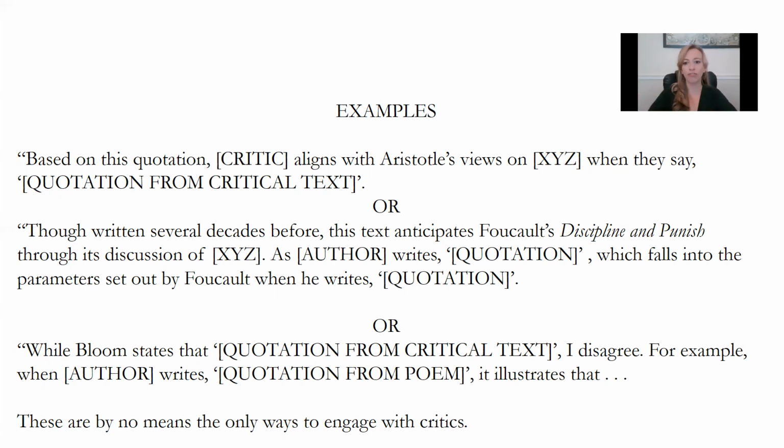It forefronts your opinion first, while still showing that you know the field. So you're not saying, well, this author said this, they are the end all and be all final authority on the subject, I have no opinions. It's showing that you are confident enough to actually engage with this and have ideas of your own while still doing the research.